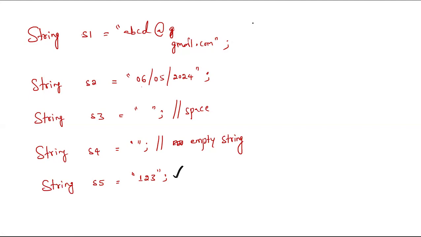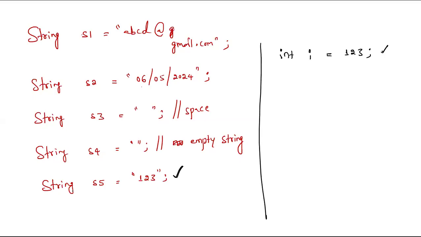We already discussed in the previous classes that we can also store by using int i equals 123. Correct? So both are correct. Which is recommended? Should we use int to store the number 123 or should we use string to store 123? If we use a string, we can refer to it as a numerical value or string value. If we use int, we can.